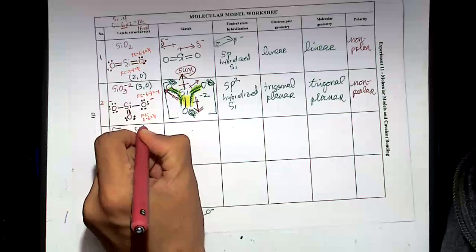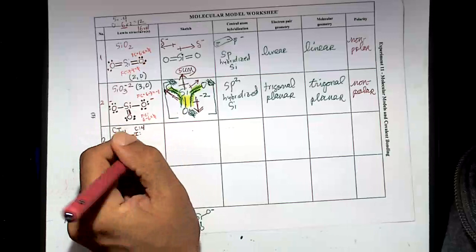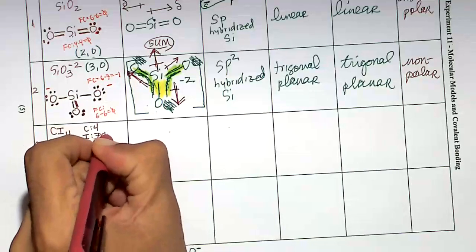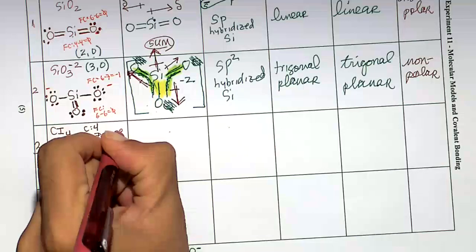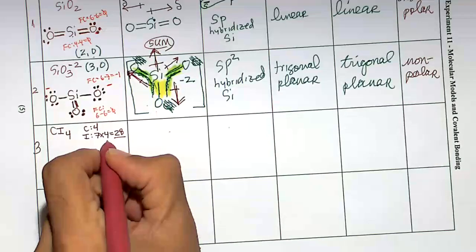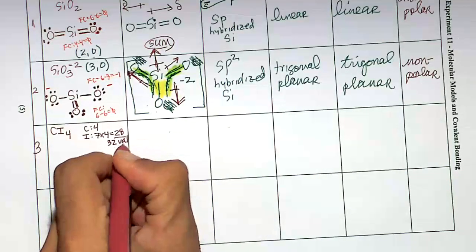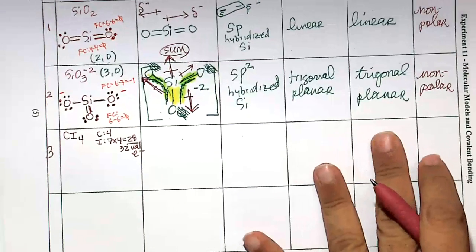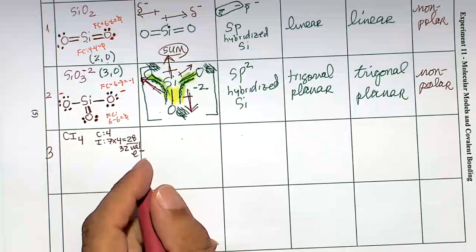What is carbon happy at? 4. What is iodine happy at? It's a halogen, 7. How many iodines do we have? 4, so we need to get 32 valence electrons around CI4, carbon tetraiodide, I think we call this.